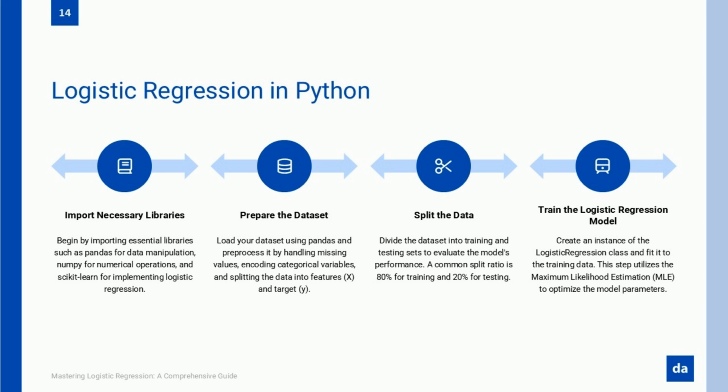Accuracy is a good start, but we should also check precision, recall, and the F1 score to see how well the model is handling different classes. And of course, we can plot the ROC curve to visualize how well the model distinguishes between categories. Now here's the thing, just because Python makes it easy doesn't mean we can skip understanding the results. We still need to interpret the coefficients, check for multicollinearity, and possibly apply regularization if the model is overfitting.